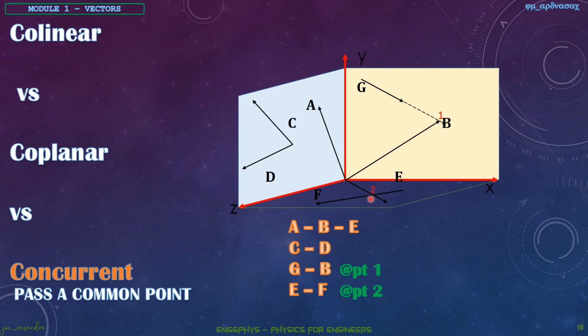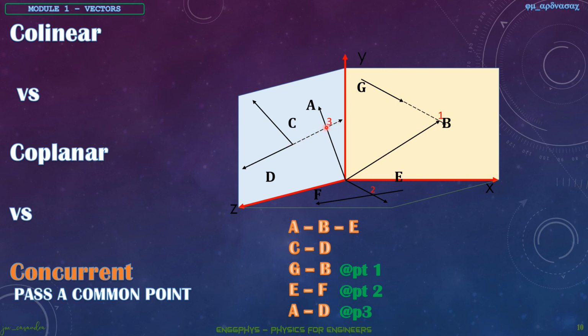Okay. So next one, we'll have vectors A and D. So same as for GB, if I extend now vector D towards this direction. Okay.